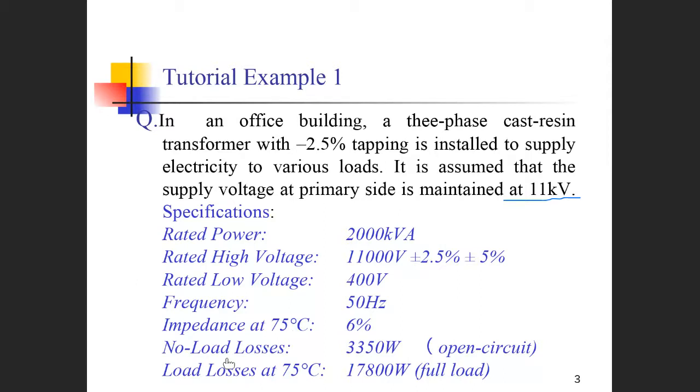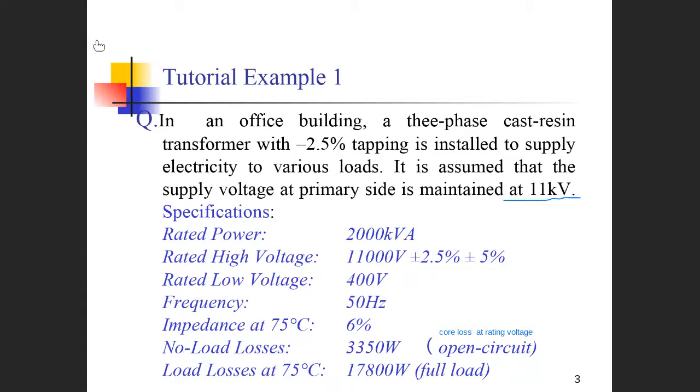No load losses. No load means open circuit, so these are the open circuit losses, which are the core losses, and can be obtained by doing the open circuit tests. Now, load losses at 75 degrees.